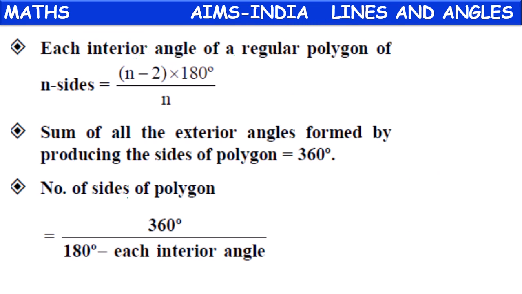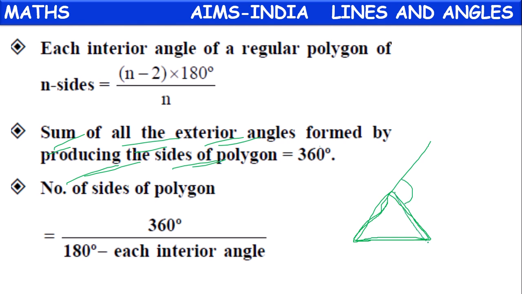Next one: the sum of all the exterior angles formed by producing the sides of a polygon. If we have a polygon, we can extend all the sides. If we extend this side, one exterior angle. If we extend this side, one exterior angle. We have got 3 exterior angles, and the sum of the 3 exterior angles is equal to 360 degrees.